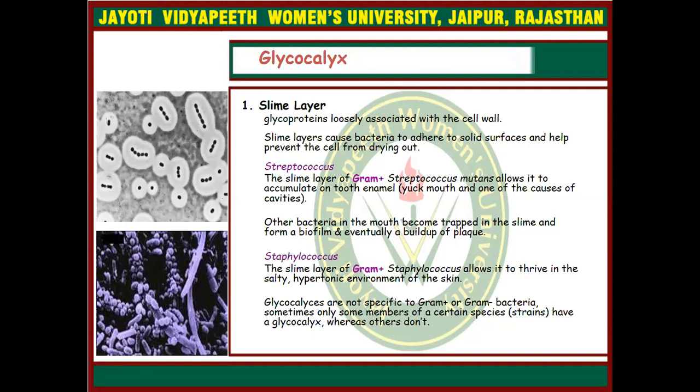Our skin has some regions which are very salty. So the slime layer of these staphylococcus bacteria allows them to thrive on the skin of humans, so they cannot die.